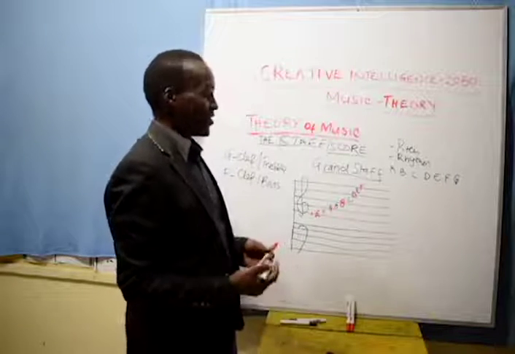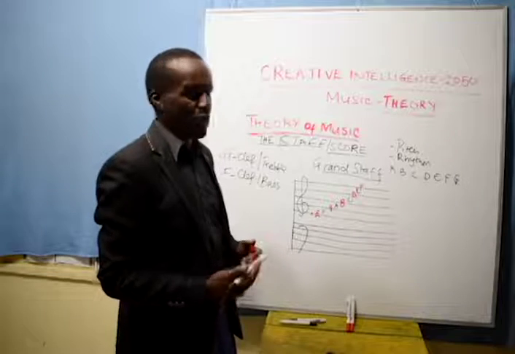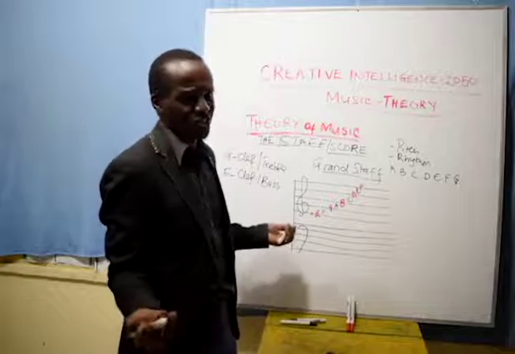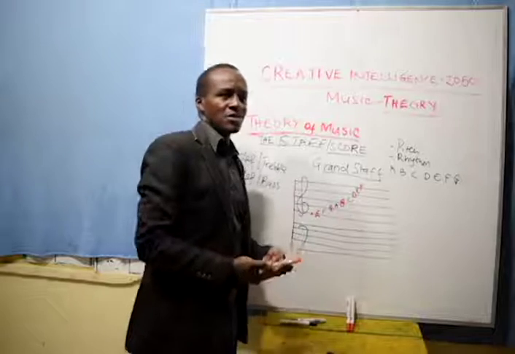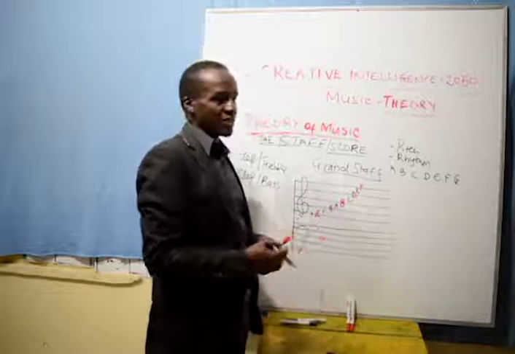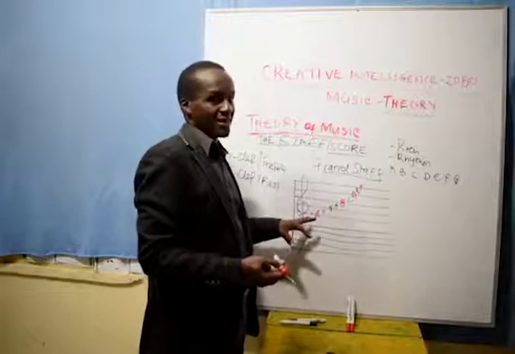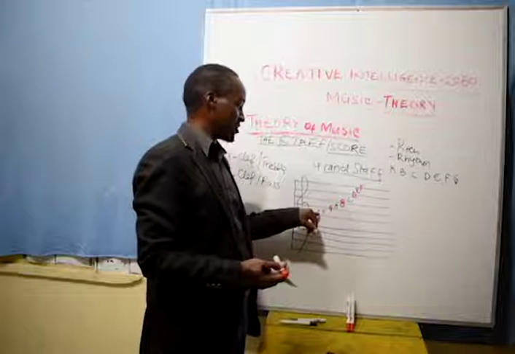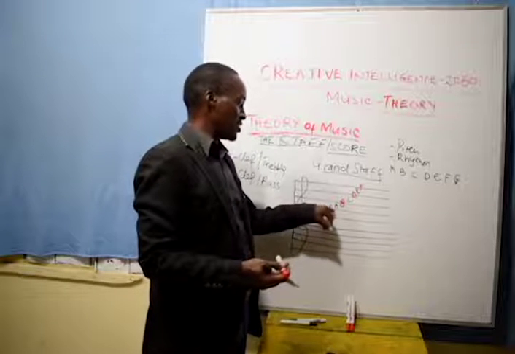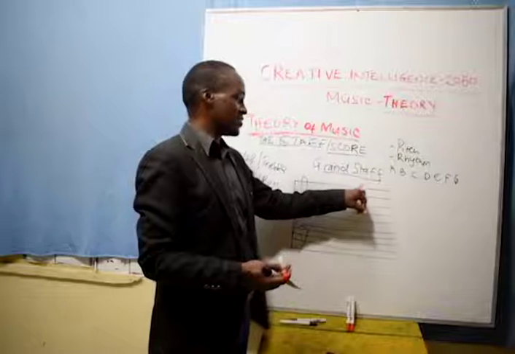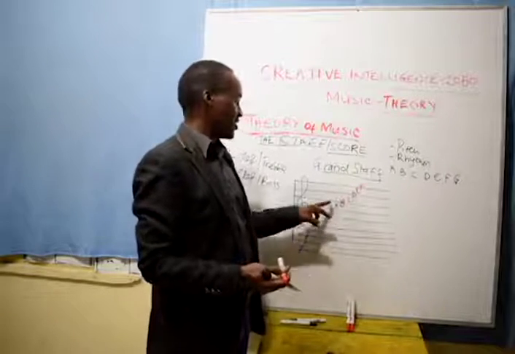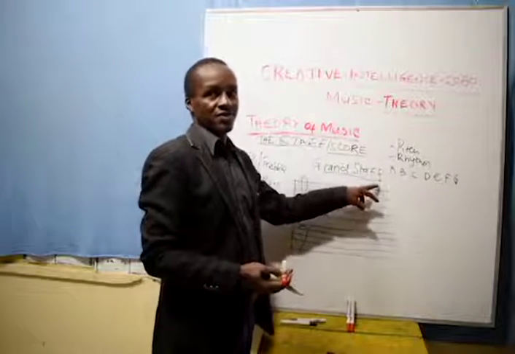Alright? And we have a way of remembering them. You can develop your own. It's not a rule. But we have a simple way of remembering the lines. You normally say, for the ones in red, every good boy deserves favor. Every good boy deserves favor.